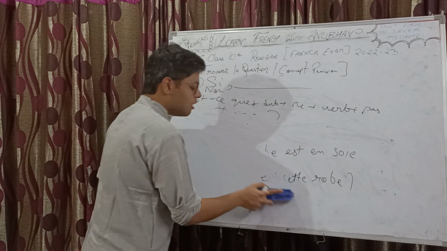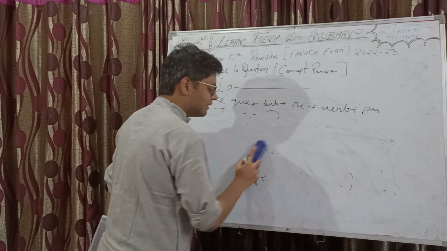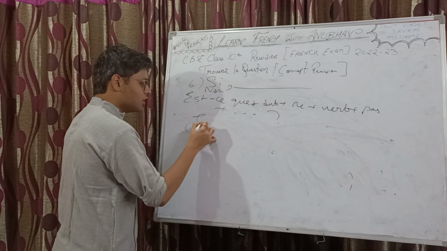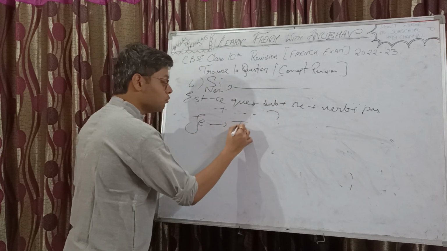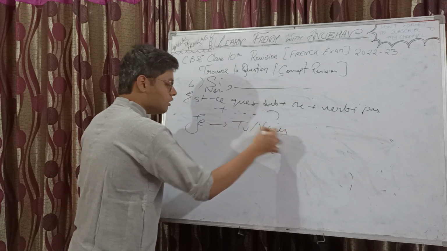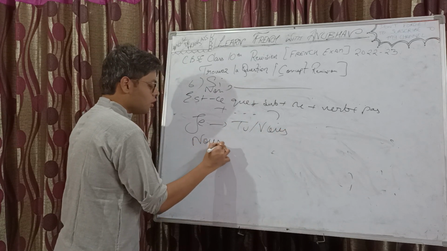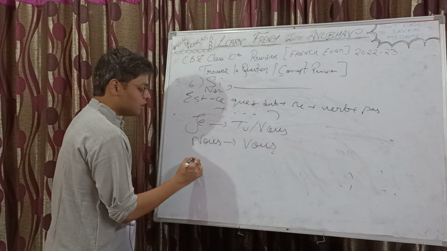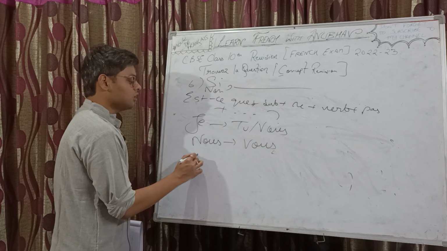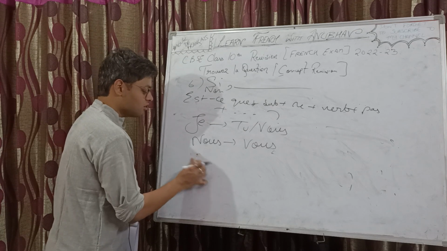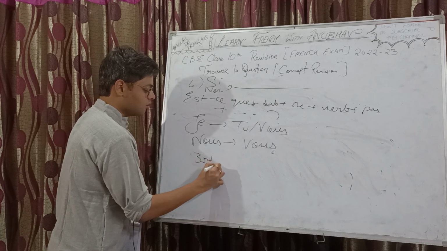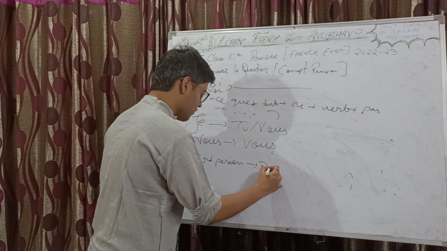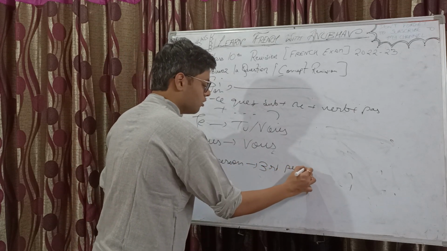One more important thing that I want to discuss. If the reply is with je, you will form a question with tu or vous. If the reply is with nous, you will form a question with vous. And if the reply is in third person, you'll ask the question in third person only.